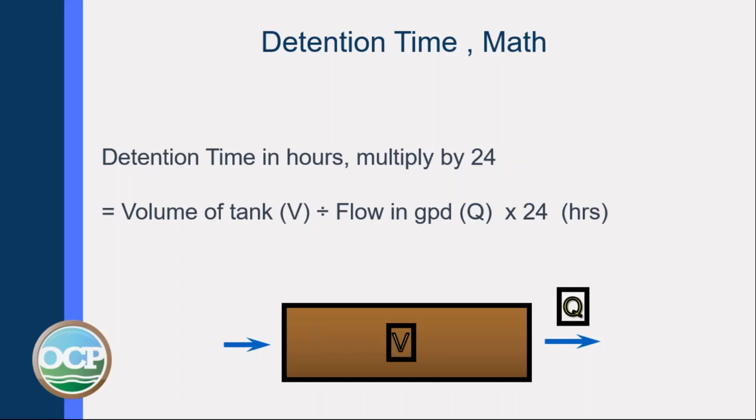So that would give you your answer in days. If you want your answer in hours, you then multiply it by 24 hours to give your detention time in hours. Volume of the tank in gallons divided by flow in gallons per day. If you need it in hours, then you multiply it by 24 hours.